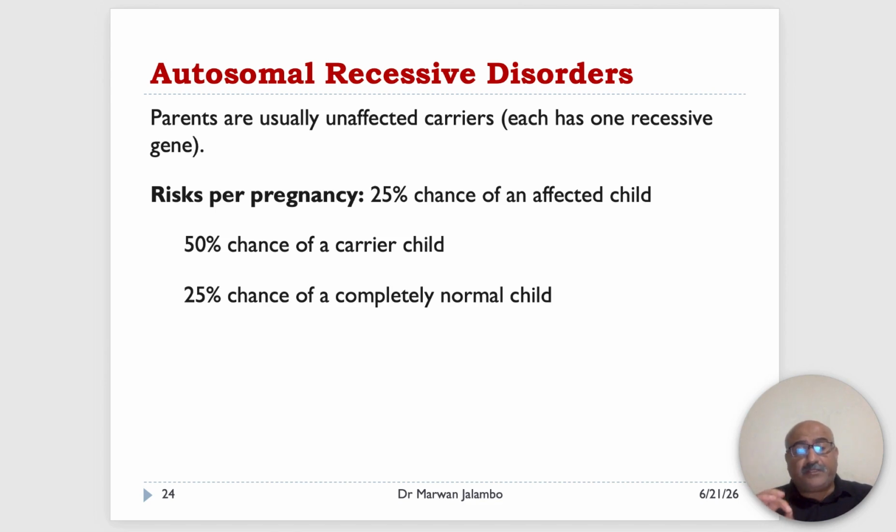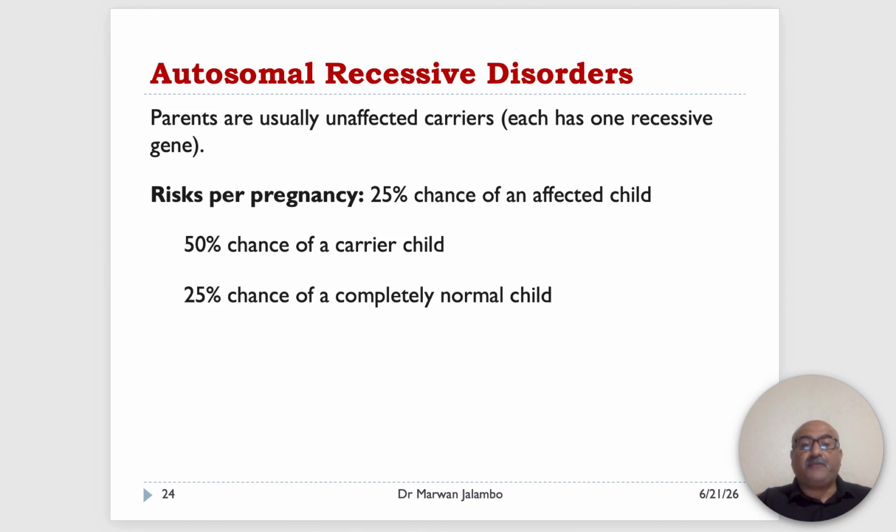Recessive disorders operate differently and can often remain hidden in a family tree for generations. With autosomal recessive disorders, both parents are typically completely healthy. However, they are both carriers of a hidden recessive mutation.